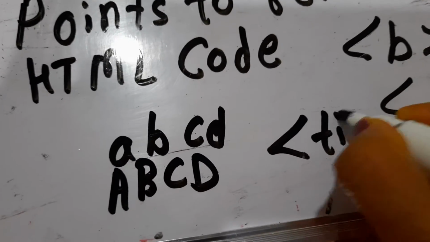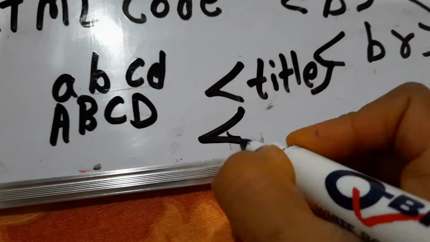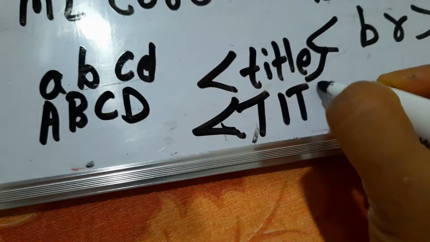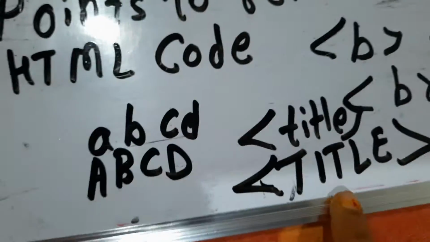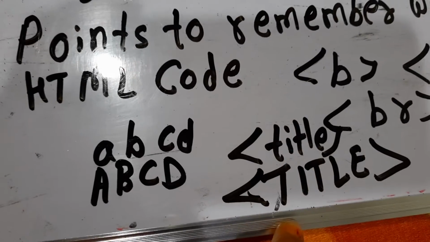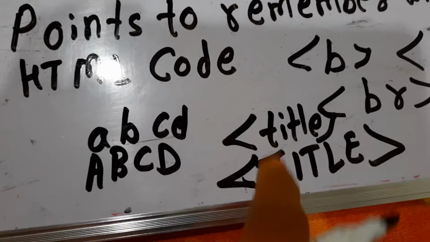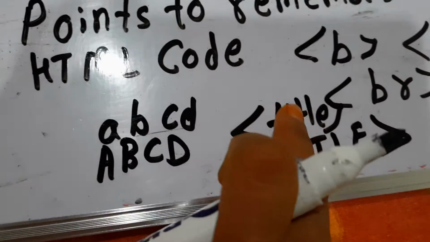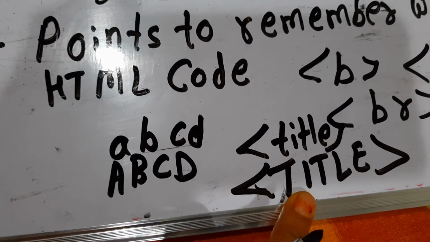You can write title like this, or you can write TITLE like this. Both ways you can write. It is not case sensitive. You can write in lowercase or uppercase.